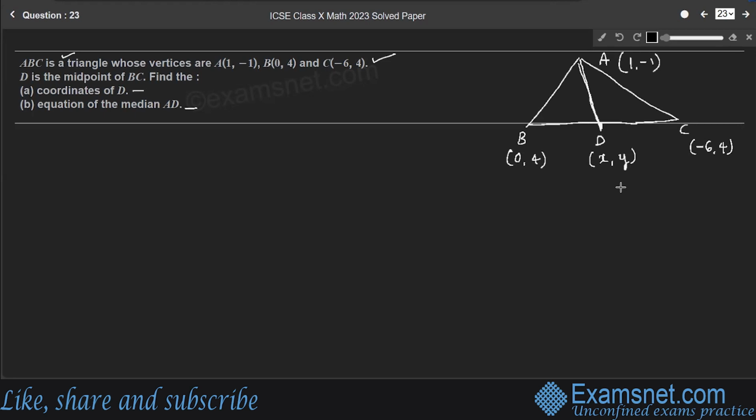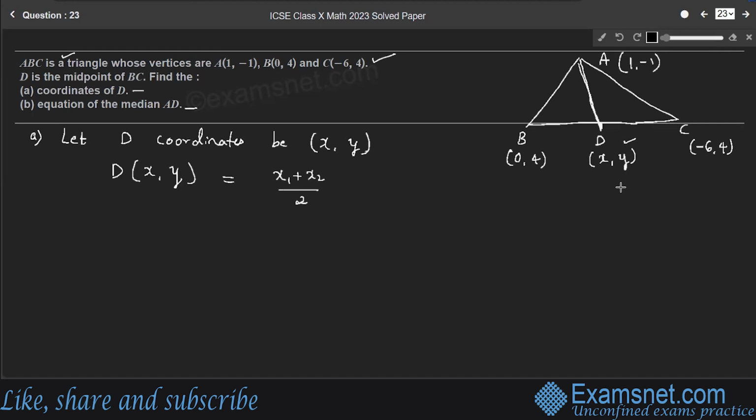Let the coordinates of D be X, Y. The formula says the coordinates of D are, since D is the midpoint of BC, dependent on the coordinates of the other two points, B and C. Since D is the midpoint, the formula says x1 plus x2 divided by 2 and y1 plus y2 divided by 2. Right?